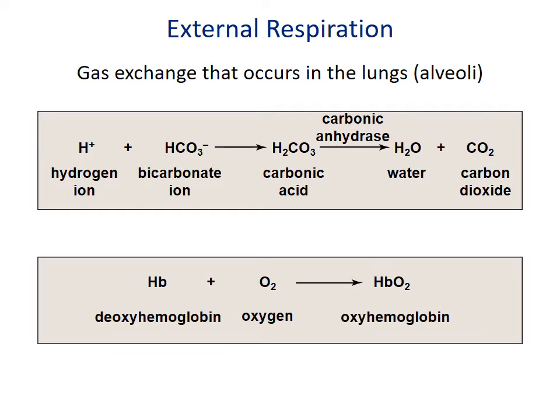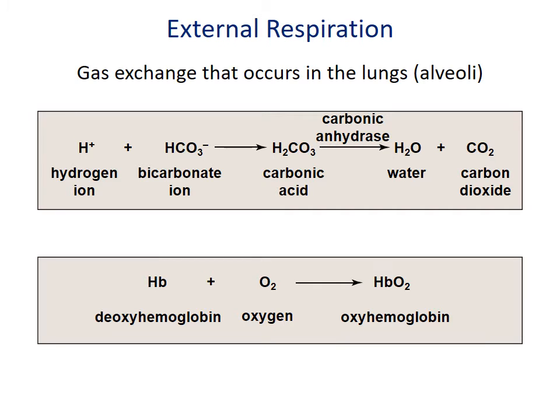So this is looking more closely at chemically what's happening when this gas exchange occurs. So when we're in the lungs, the carbon dioxide from our bodies leaves the lungs, and oxygen is going to get picked up and enter the blood. So let's talk about oxygen first because it's less complicated.